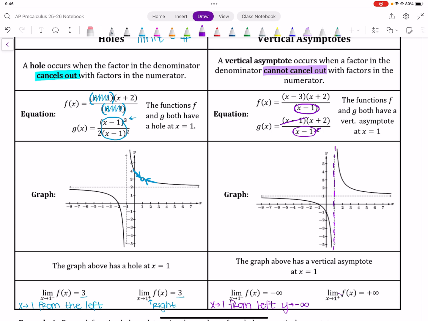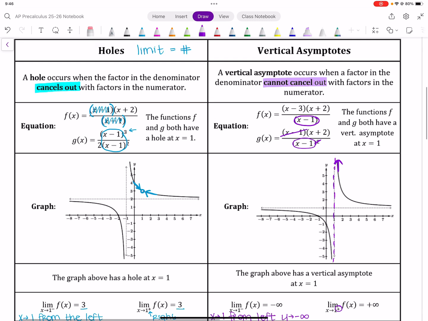And then on the right side, because the right side of our graph as we approach 1 from the right is going up, that limit is positive infinity. So with vertical asymptotes, our limit will always equal one of our infinities. So it'll equal a number if we have a hole there, positive or negative infinity if we have a vertical asymptote.